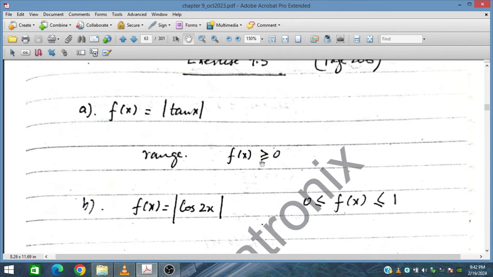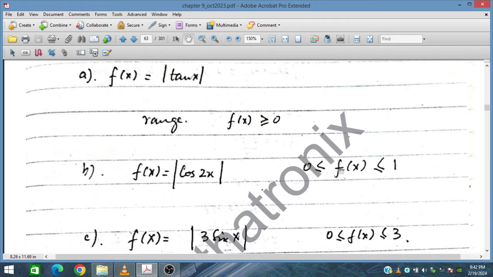For the second, cos 2x, the range for the modulus value is 0 to 1, because the cos function varies between -1 and +1. Here the coefficient is 1, so its modulus value will always be positive. So the minimum value will be 0 and the maximum will be 1.